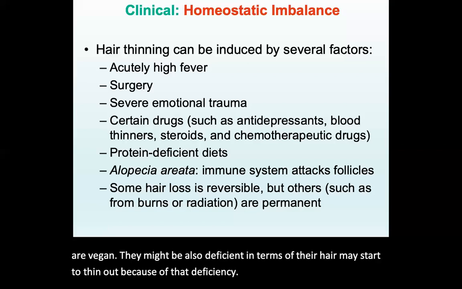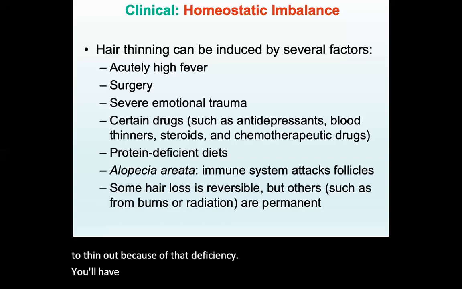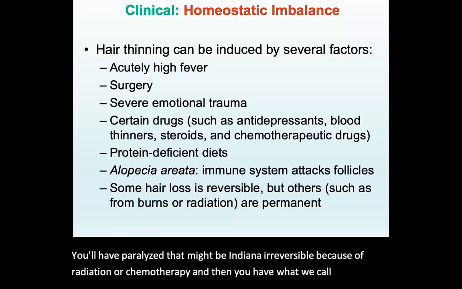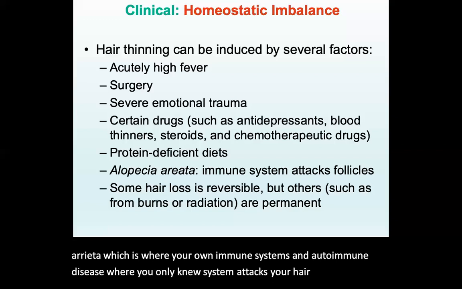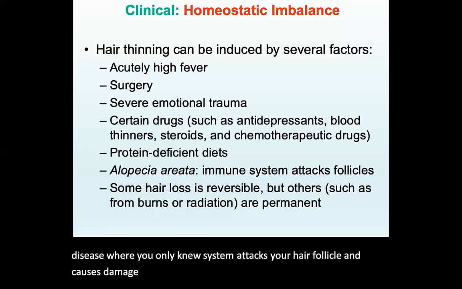You have hair loss that might be irreversible because of radiation or chemotherapy. And then you have what we call alopecia areata, an autoimmune disease where your own immune system attacks your hair follicle and causes damage to it, causing the thinning of the hair.